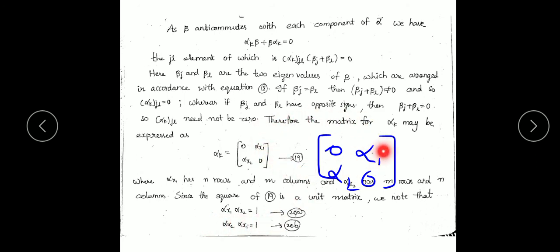So from the product of these two matrices we get this form, and since alpha k squared is the identity matrix, this must be equal to the identity matrix. So alpha x1 alpha x2 and alpha x2 alpha x1 must each be equal to I.